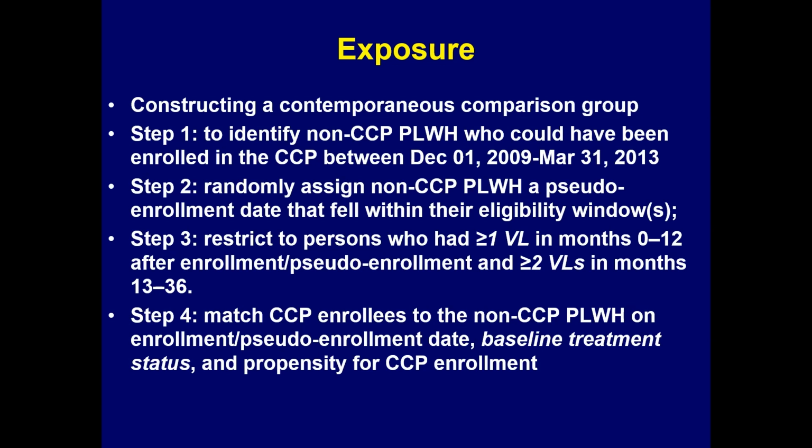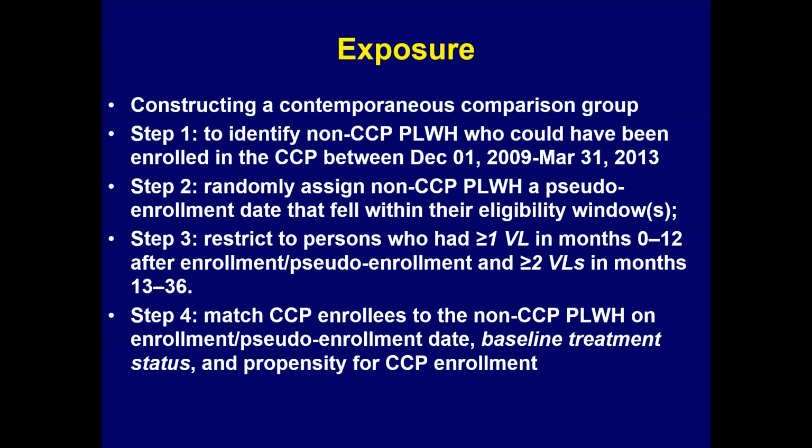Secondly, they were randomly assigned a pseudo enrollment date that fell within their eligibility windows, as with those CCP clients. The next step is to restrict to persons with at least one viral load in the first 12 months after enrollment or pseudo enrollment, and also greater than or equal to 2 viral loads in months 13 to 36.